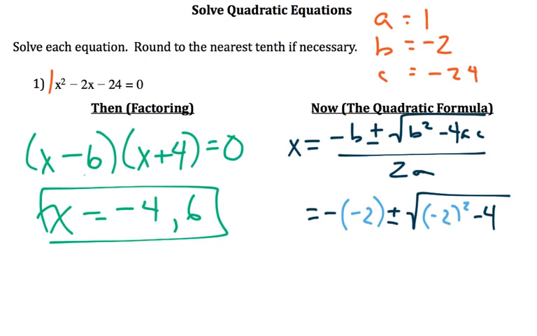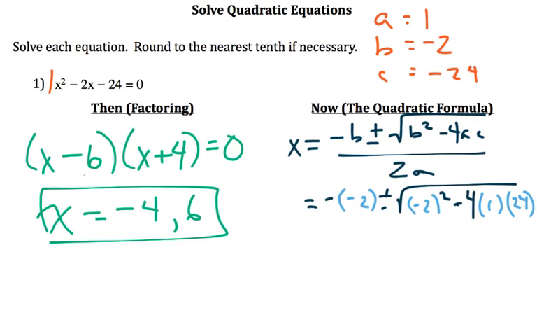Minus 4 times A times C, which is negative 24. And all of that is going to be over 2A. I rewrote that to try to make things stand out more nicely.